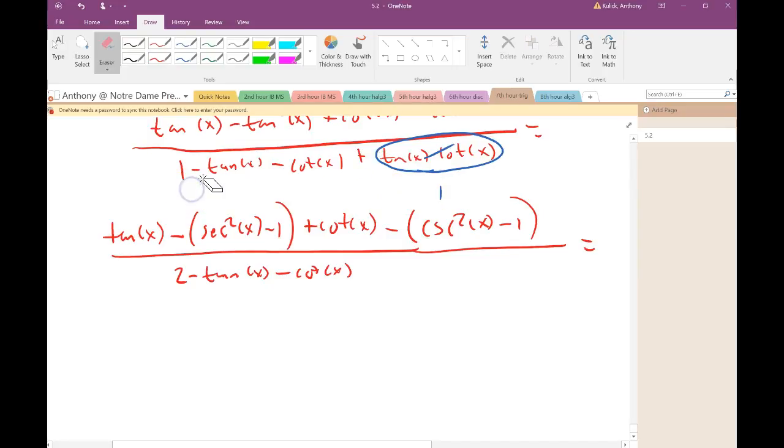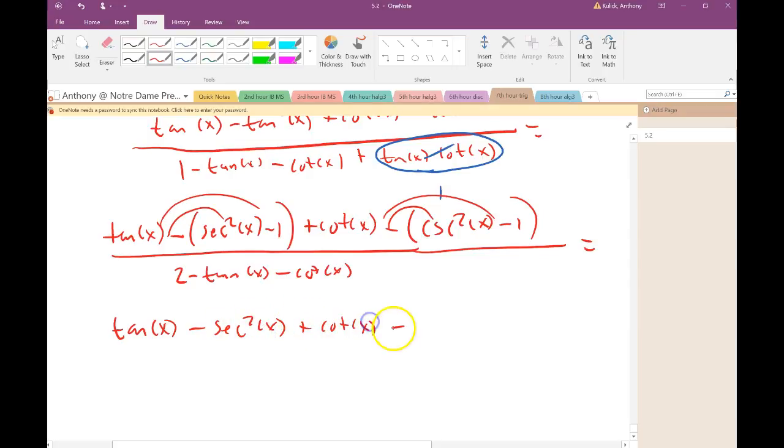Okay. And we'll distribute these negative signs through. And my numerator I have tan x minus secant squared x plus cotangent x minus cosecant squared x. And then I have a plus 1 and another plus 1, so I'll put the 2 there.